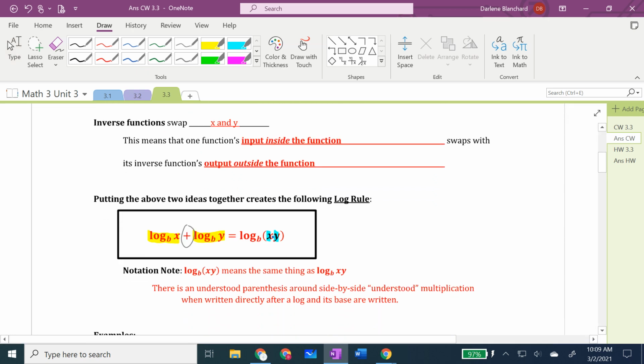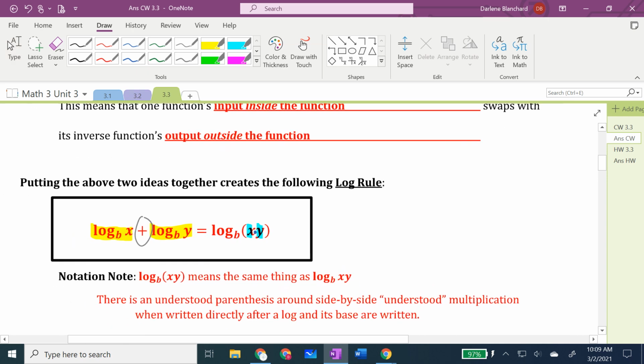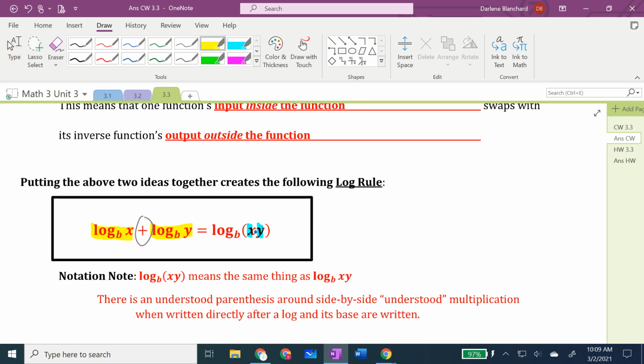So I want to emphasize some issues with notation because you need to be aware right at the beginning. And I'm going to highlight to show you where I'm looking. When you write a logarithm, you write log base b, and then after that, you go back up to the normal line where it was written, and you immediately start writing down the input.